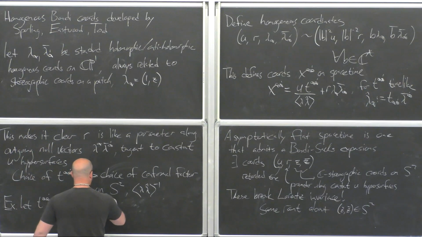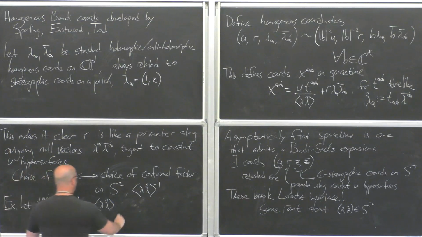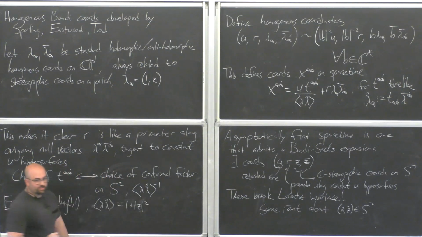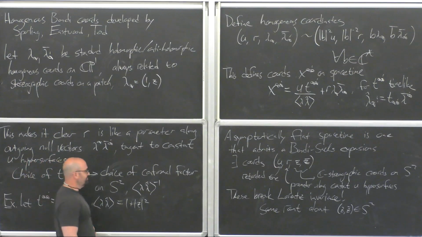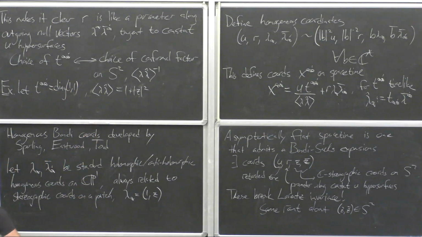You just find, in the patch corresponding to the stereographic coordinate z, that it's 1 plus mod z squared. So it's the round conformal factor on the sphere. But the point is, Bondi coordinates are completely fine for any choice of conformal factor on the sphere. It doesn't have to be the round one, and that choice is parameterized by the choice of T.